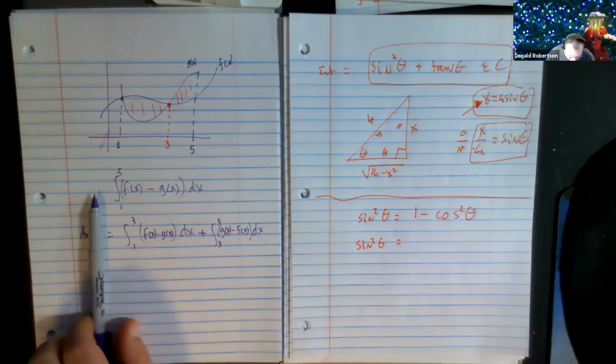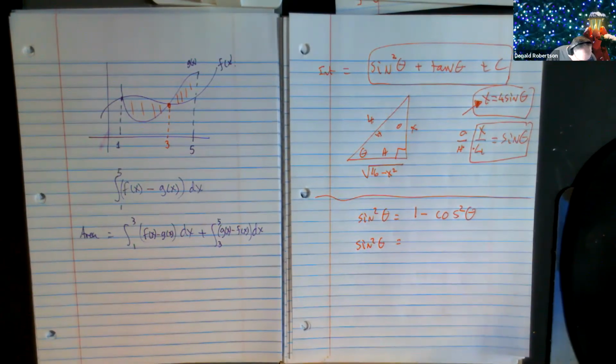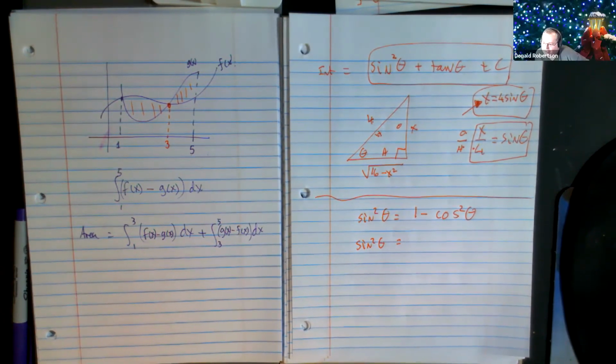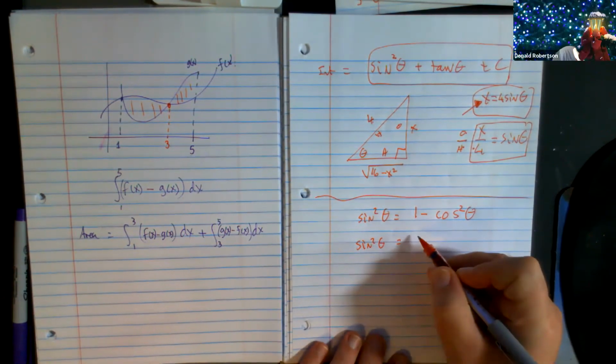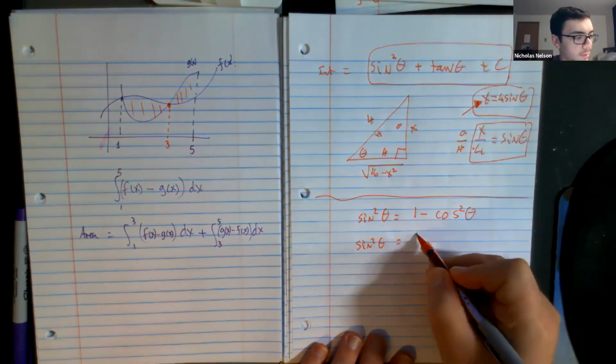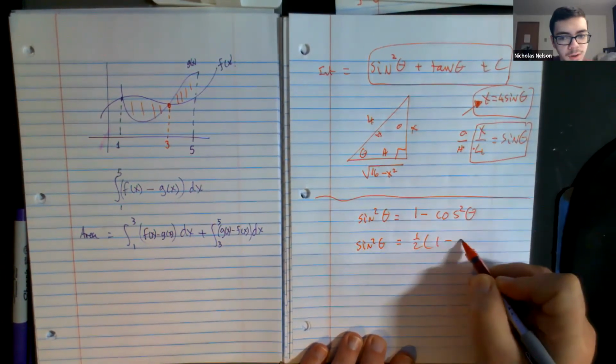But isn't there a double angle formula for sine squared? Another way to write it. Anybody going to bite the bullet and volunteer for it? 1/2 times 1 minus cosine 2 theta.